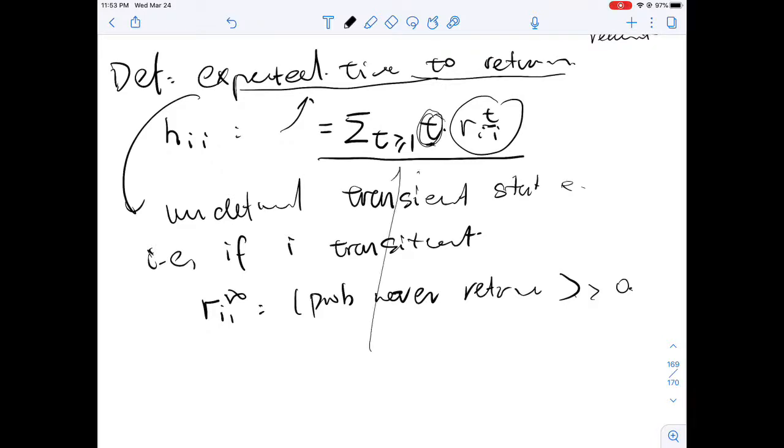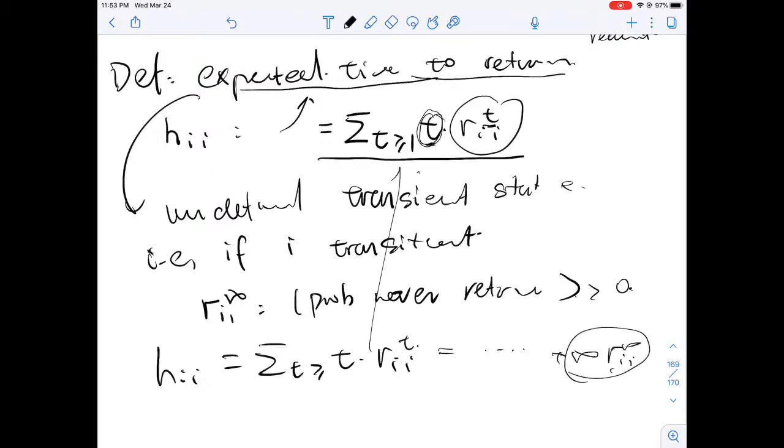So if I sum up things here, t greater than or equal to 1, t times Rii t, roughly speaking there will be a term that's really just positive infinity times Rii infinity. So there's always a chance that I never return. In this case, the return time will be infinite, and that's the reason the expected return time remains undefined in case the state is transient.